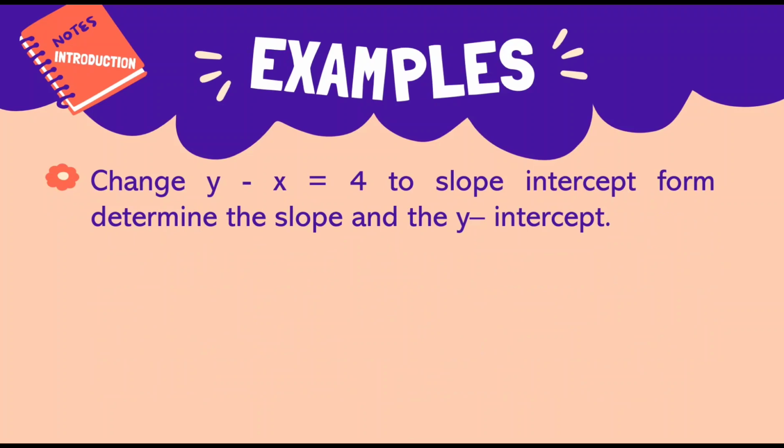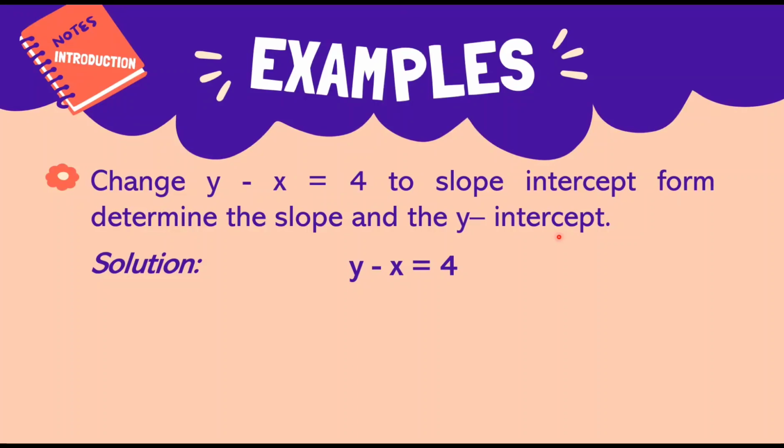Let us have the first example. Change y minus x is equal to 4 to slope-intercept form, and then let us determine the slope and the y-intercept. Okay, let's have the first step. Let us write our equation to be written into slope-intercept form. By the way, what is the slope-intercept form? Okay, very good.